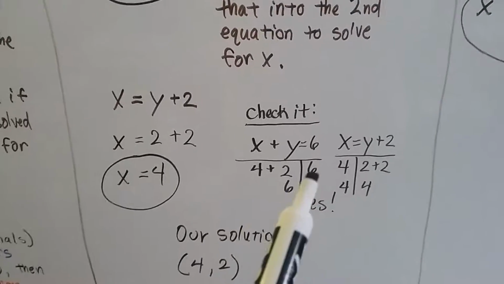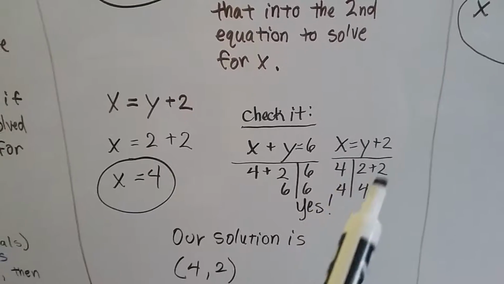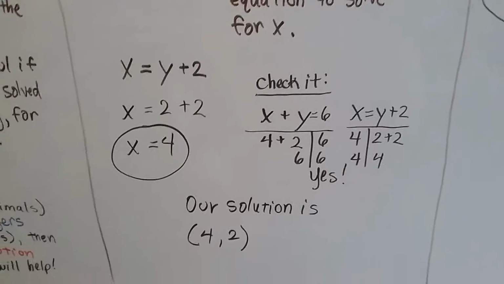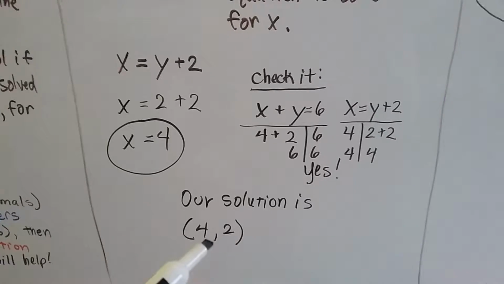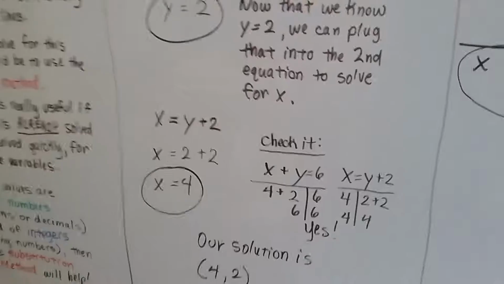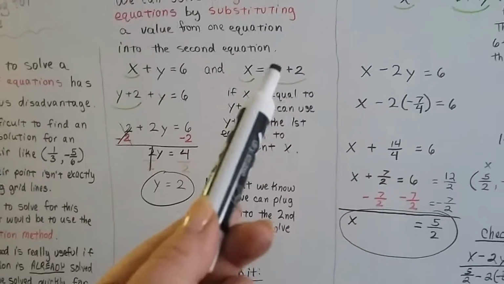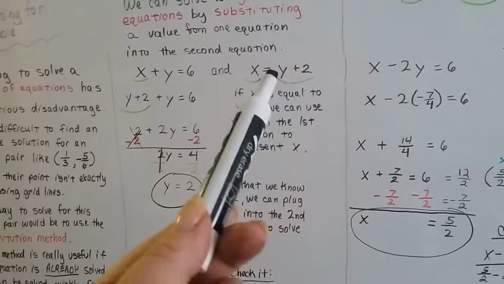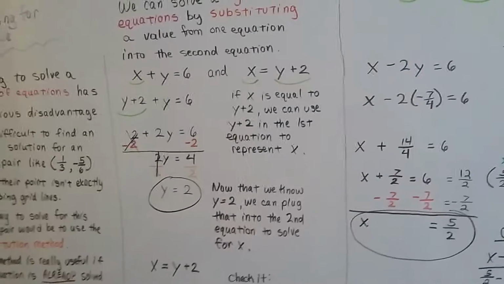And 4 plus 2 equals 6, yep. 4 equals 2 plus 2, yep. So our solution, our ordered pair, is 4 for x and 2 for y. See? So we solved it by substituting one value, and it was a pretty big one, right? Because it was a y plus 2 that we plugged in for x.